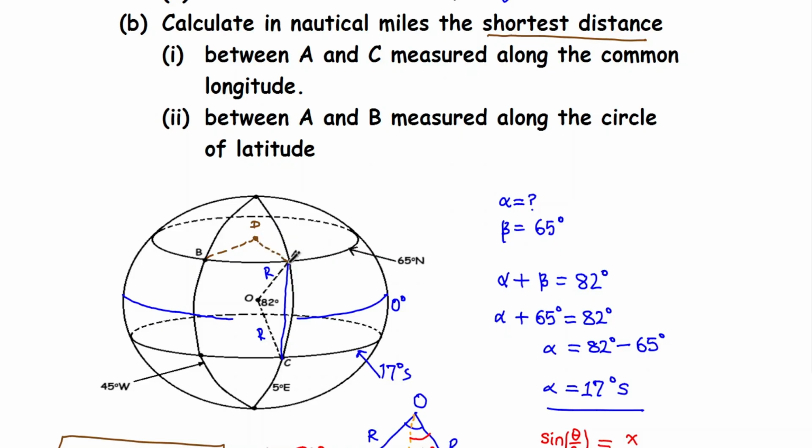We also join A to the center D. Then we have that angle difference. We use theta somewhere, let us use phi here. And this is a small radius r because it is a small circle, not a great circle. For a great circle, we have capital R.